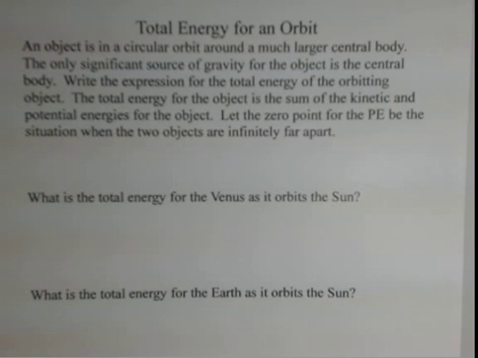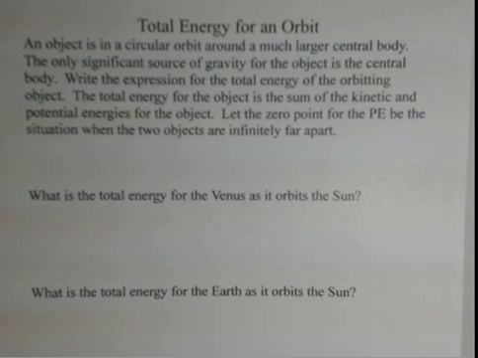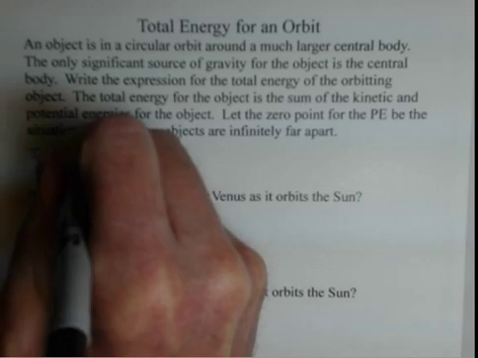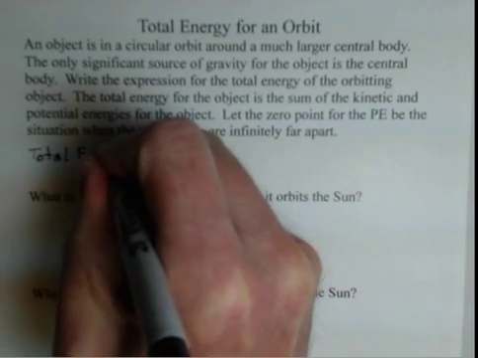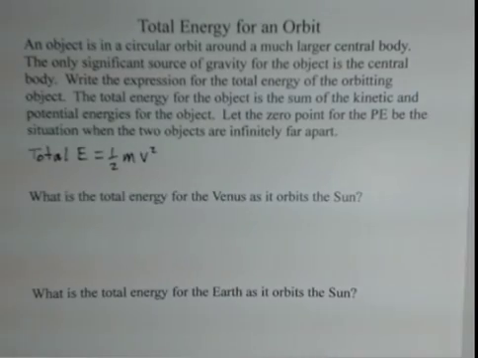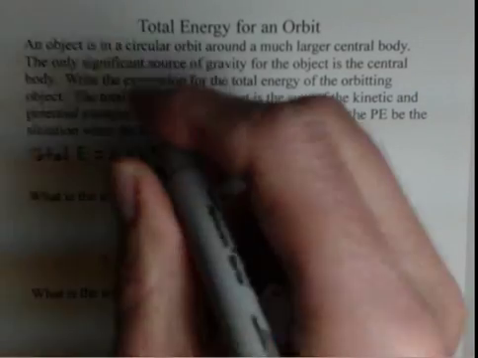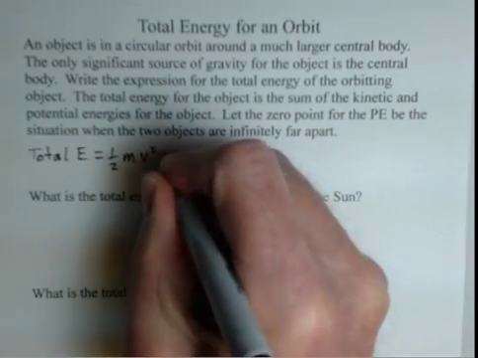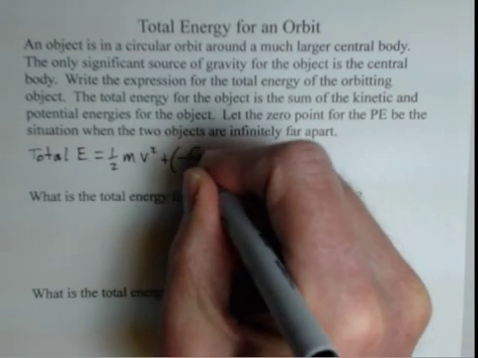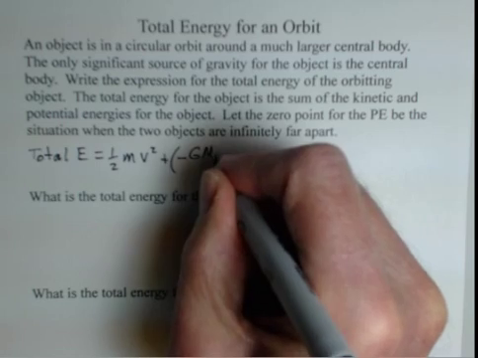But how could we write out the expression for the total energy? Well, the total energy is equal to the kinetic energy, 1/2 mv squared, plus the potential energy. And the potential energy actually is defined to have a minus sign in it.